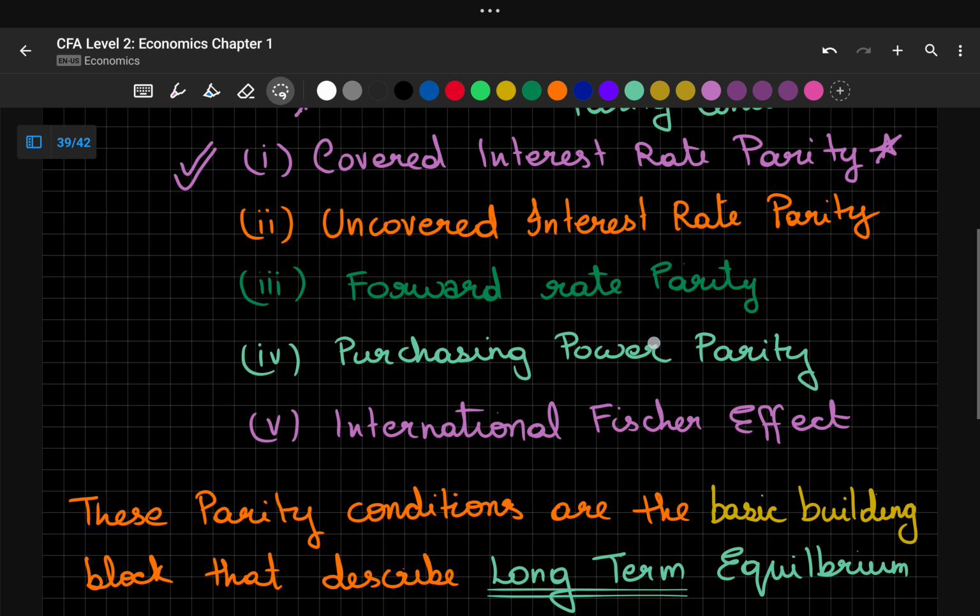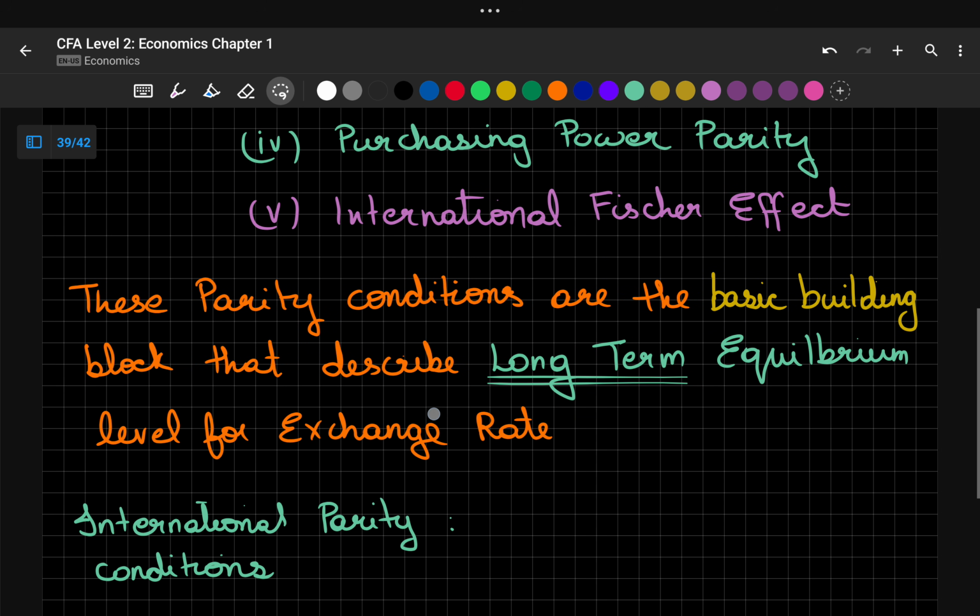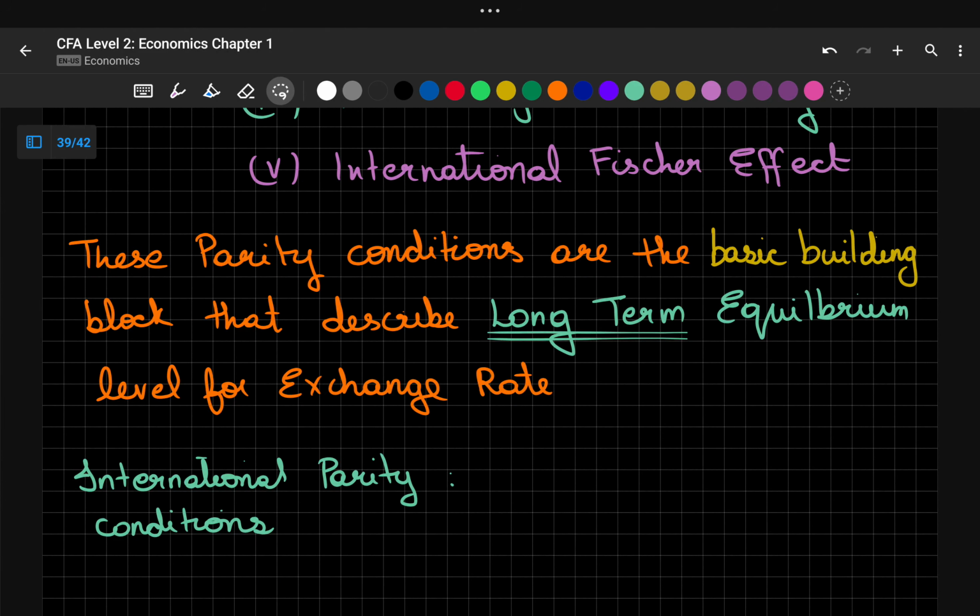Before diving deep into these 5 different parity conditions, let us understand what we mean by parity conditions. Parity conditions are the basic building block that describe the long run equilibrium level for exchange rate.